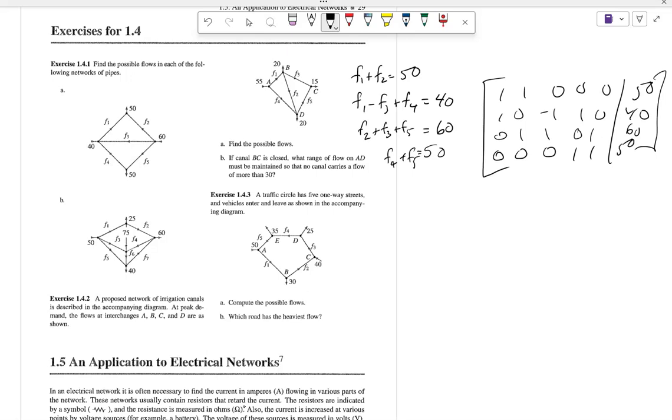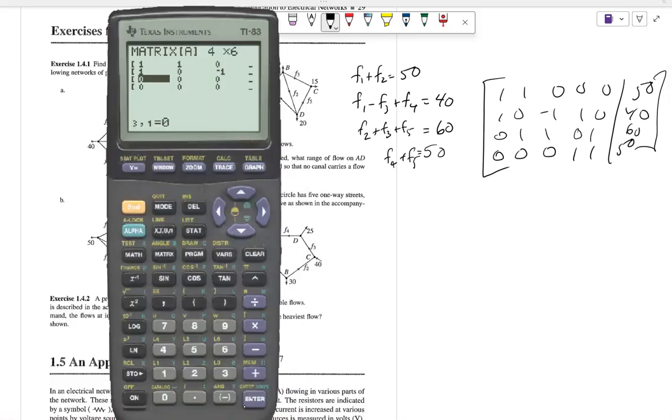Good. All right. So let me get those put in the calculator here. 0, 1, 1, 0, 1, and 60. And the last one was 0, 0, 0, 1, 1, 50.